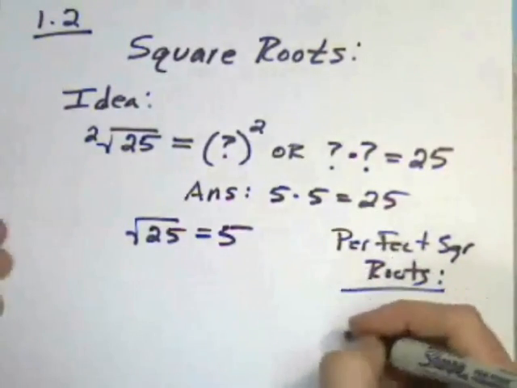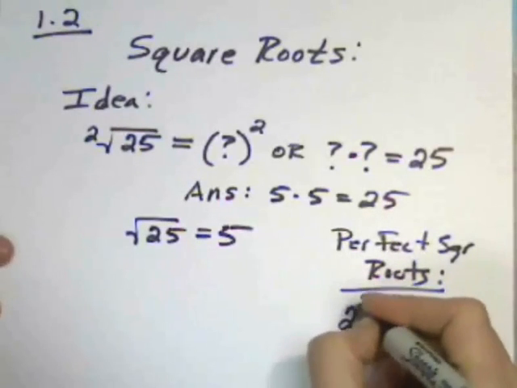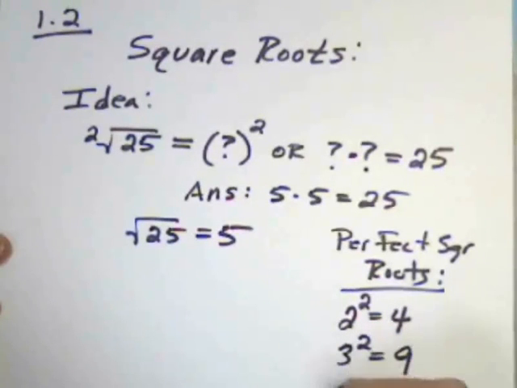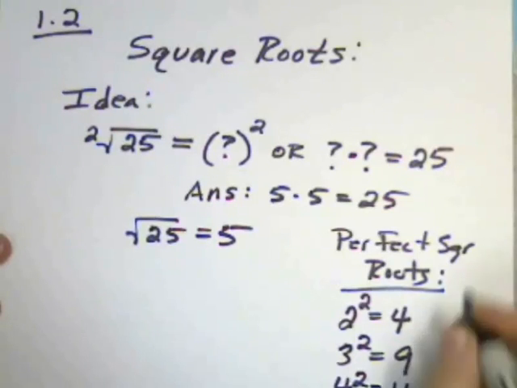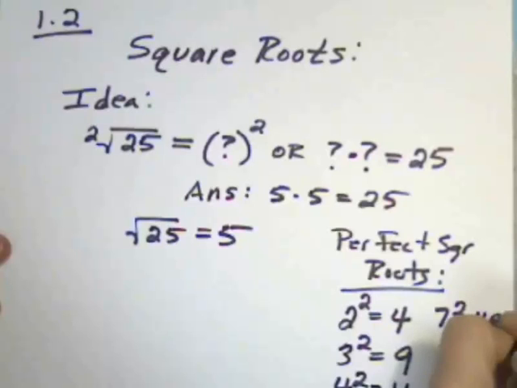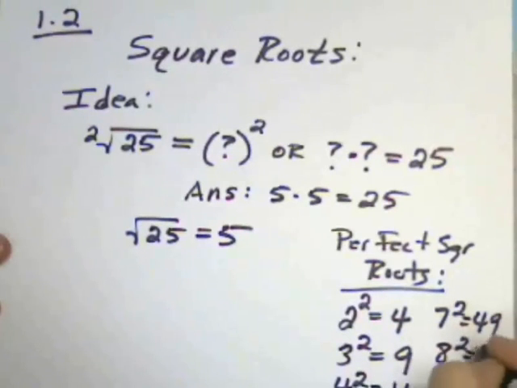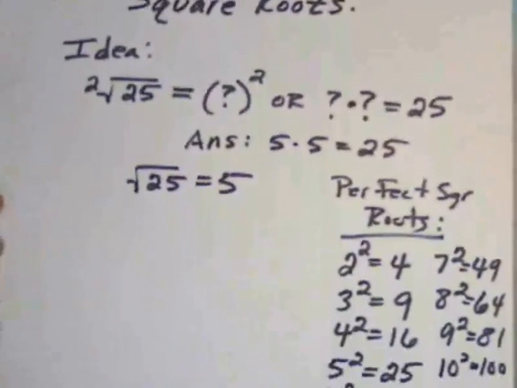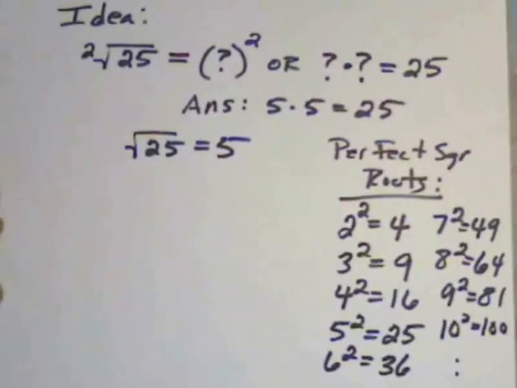Let's see, 1 is kind of trivial. 1 times 1 is 1, so I'll start with 2. 2 squared is equal to 4. 3 squared, or 3 times 3, is equal to 9. 4 squared is equal to 16. 5 times 5, we just said, is 25. 6 squared, or 6 times 6, is 36. 7 squared, that's 49. 8 squared is 64. 9 squared, 81. 10 squared is 100. And we can go on and on with that. So that's a list of some of the perfect square roots, and of course it does go on forever.